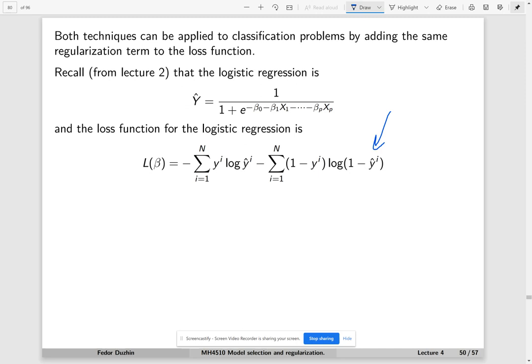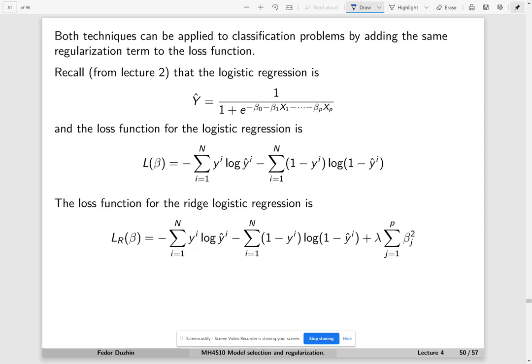By adding either the term lambda times the sum of beta j squared, or lambda times the sum of absolute values of beta j, we change it into a ridge or lasso classifier.